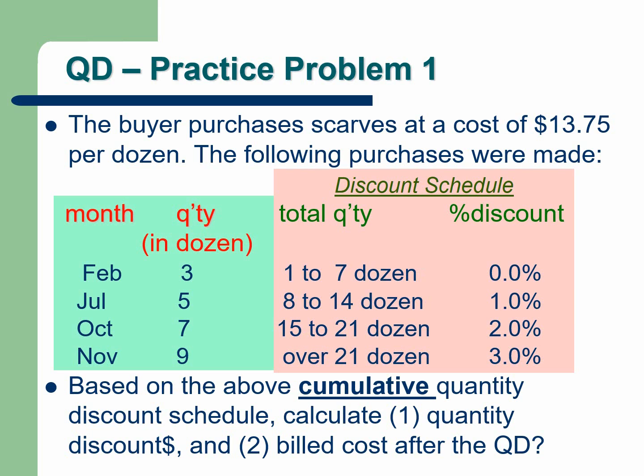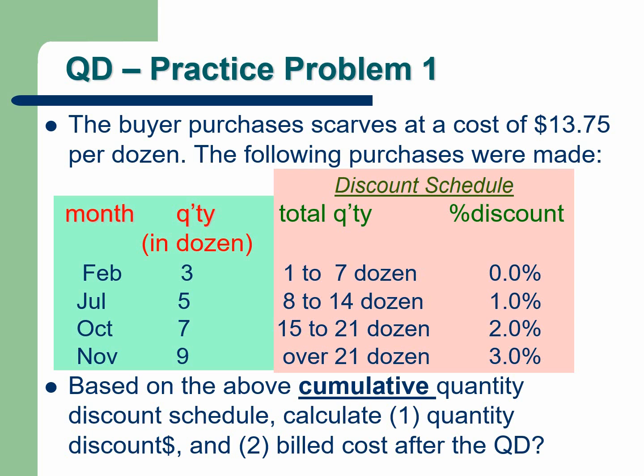The schedule says that when the total purchase quantity is between 1 to 7 dozen, there's 0% discount. If cumulative purchases amount to 8 to 14 dozen, there's a 1% discount. Between 15 to 21 dozen, a 2% quantity discount is applied, and over 21 dozen, a 3% quantity discount will be applied. And this purchase quantity is the accumulated purchase amount.